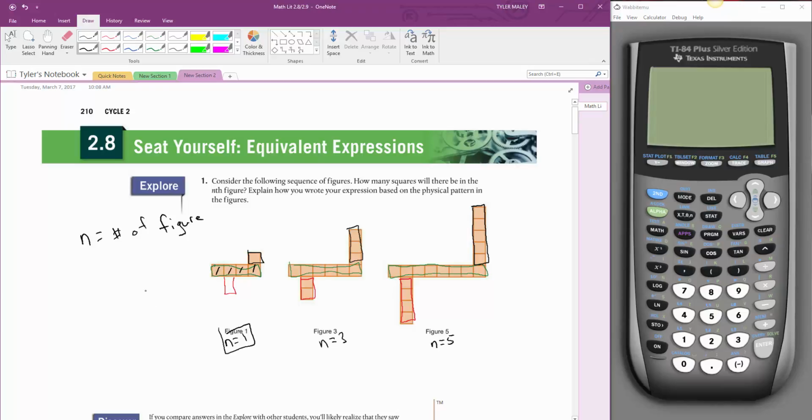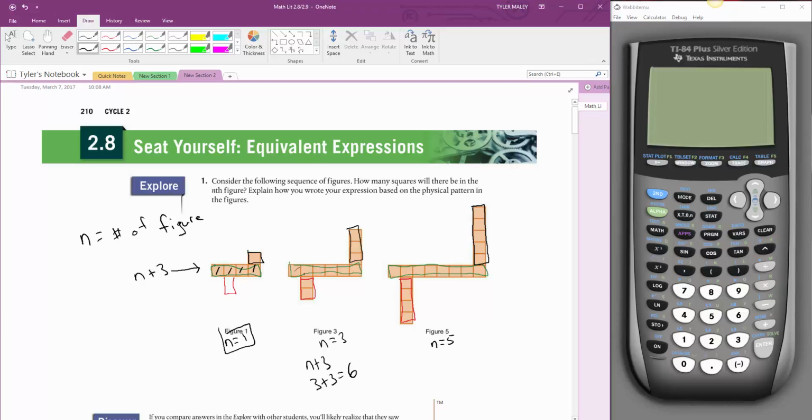So maybe it's possible that this horizontal part is n plus 3, right? In order to know if it works or not, I need to see if it applies to my other 2 figures. Without counting those, if the expression is n plus 3, then when n is 3, we would have 3 plus 3, which is 6. So do I have 6 in the part that's horizontal?